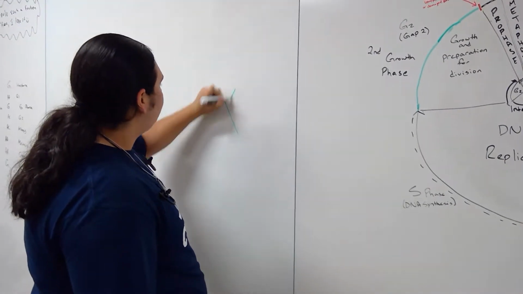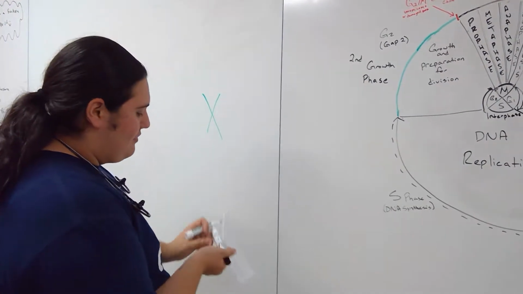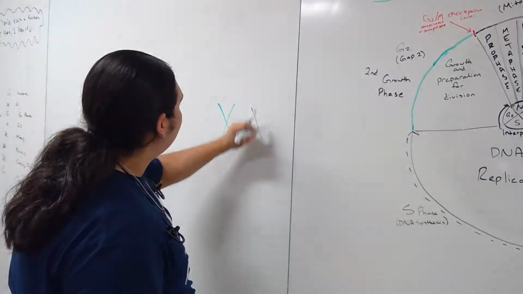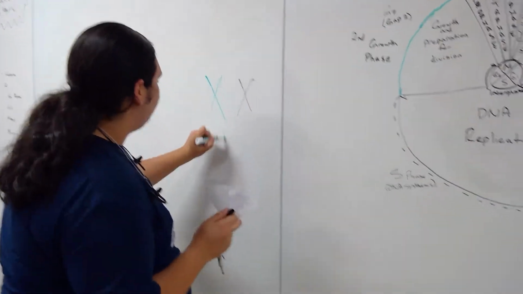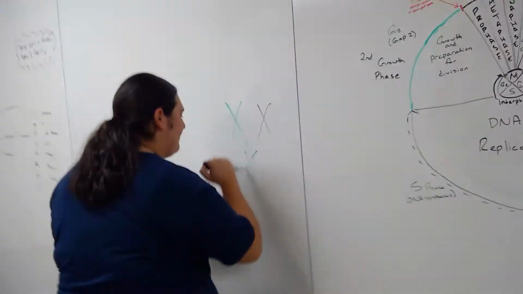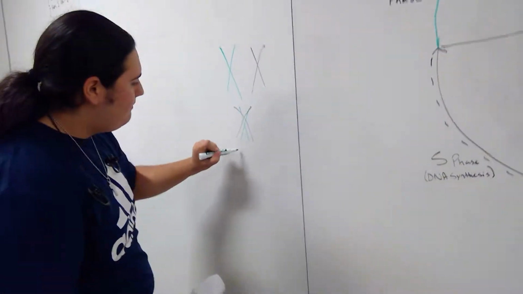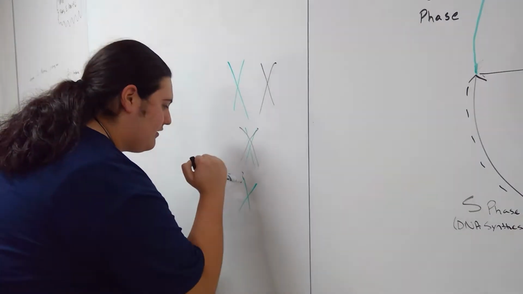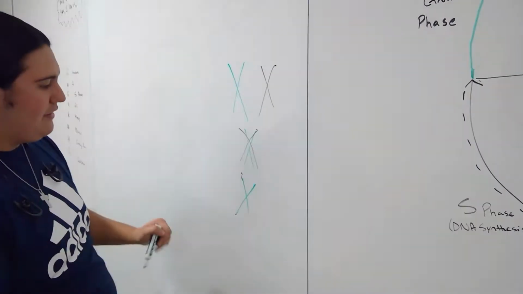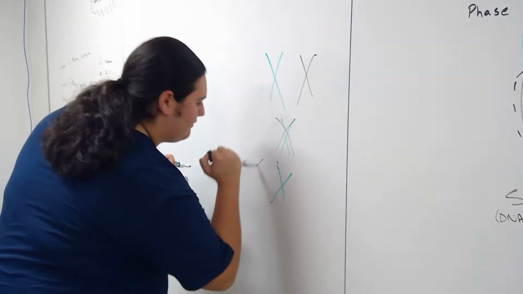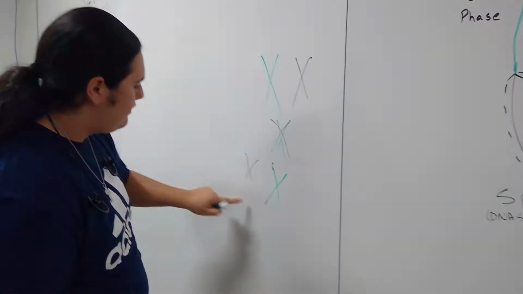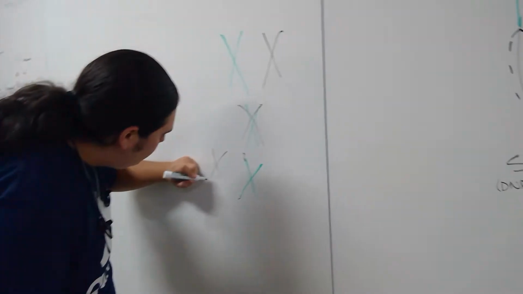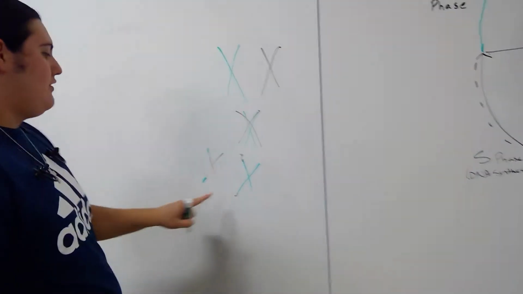So it starts off like this, two separate chromosomes, and then they pile up on each other. And then this one comes out with the tips a whole different color because they crossed over. And then this one as well changes colors. And that's the process of crossing over.